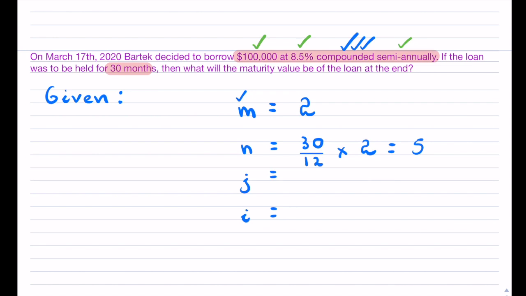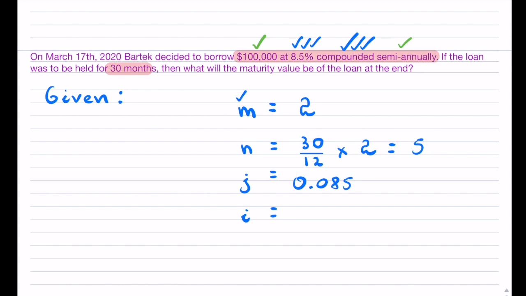Now, is it always going to be this nice, rounded number? No. And if you watch the previous lessons on trying to find these, you will notice that if it's not, just leave it as a fraction. All right. Now, my J, which is the next thing that I need to know, is right here. This is my nominal interest rate, and we'll put it in: 0.085.